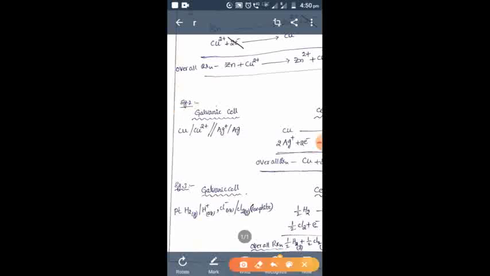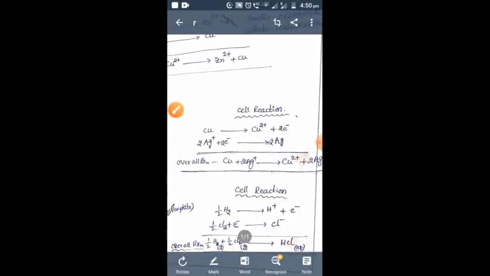This is the left hand side part. This is the right hand side part. The left hand side part undergoes oxidation. So you have to write down this part as the oxidation part. So I have shown here the oxidation part of the left hand side, and H2 gives rise to H+ plus e-. So hydrogen is undergoing oxidation.